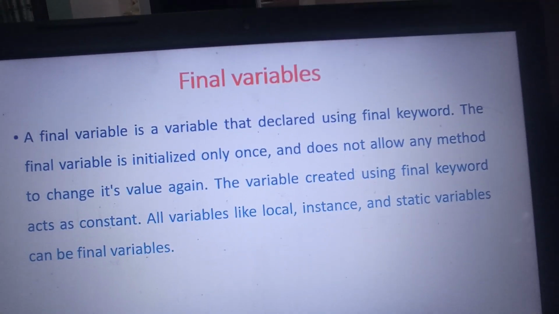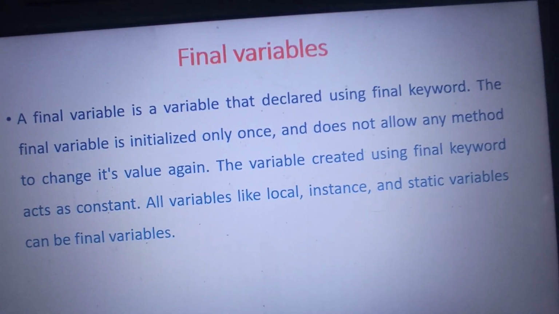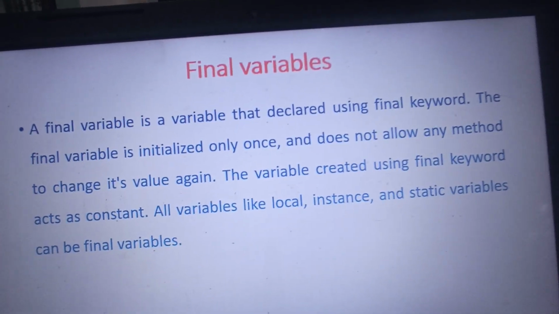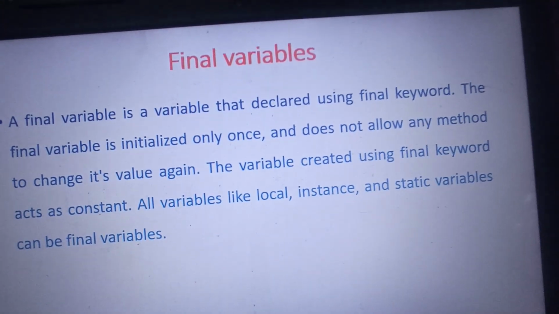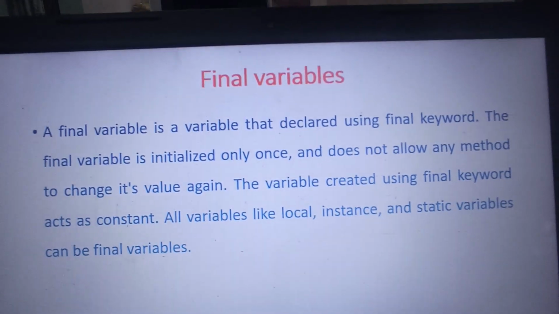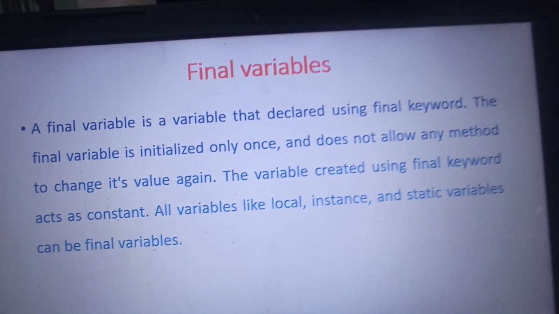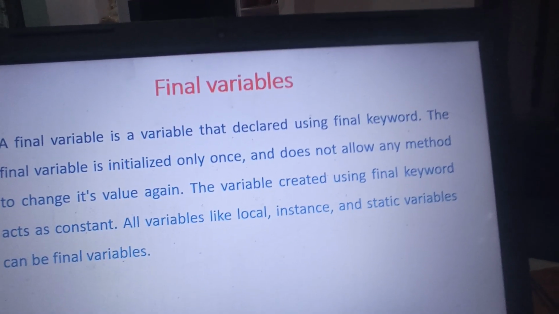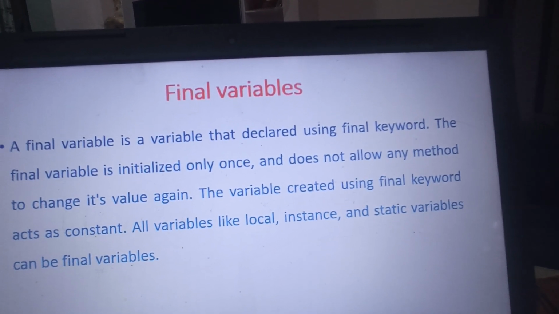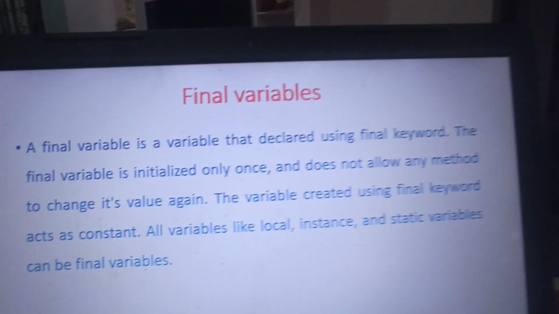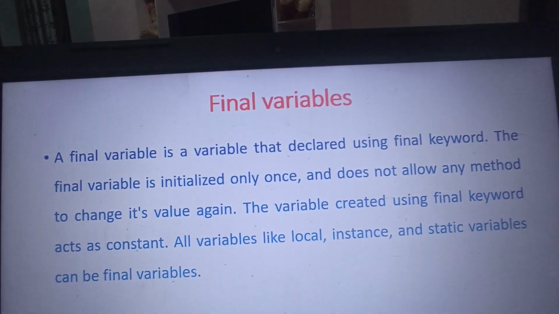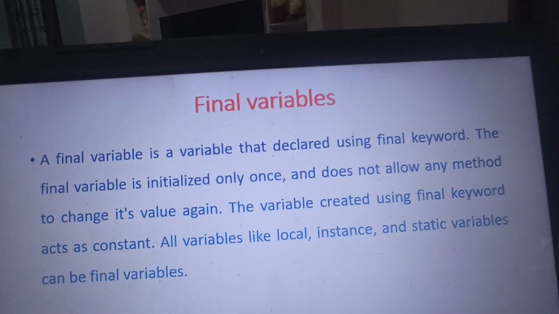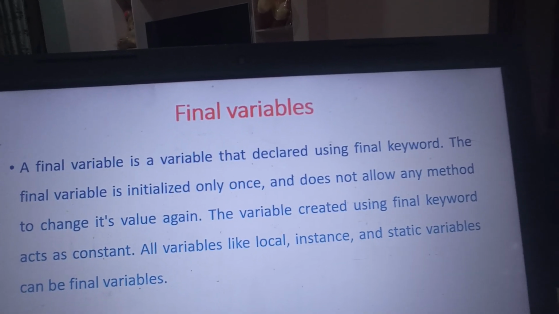Once you declare it, that value is final, like a constant variable. There is no further declaration or modification. If there is modification, you do not use the term final. So the final variable is initialized only once and does not allow any method to change its value again.